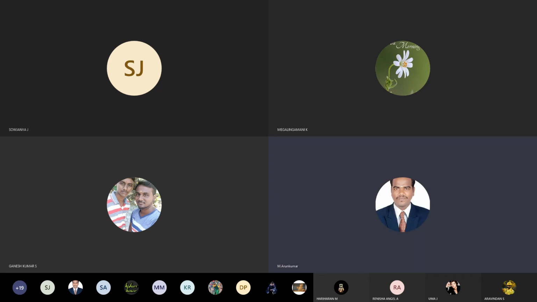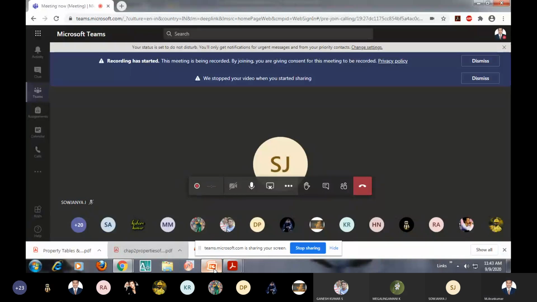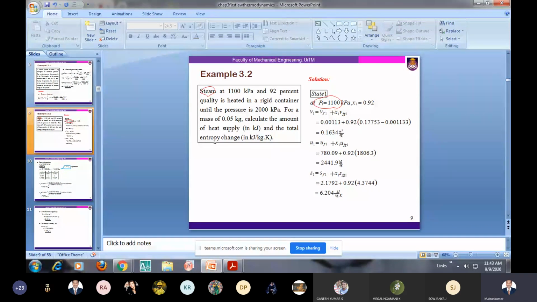So we have to solve the problem. To solve this problem, we have to use the steam tables. In the steam table, the P1 value can be taken.